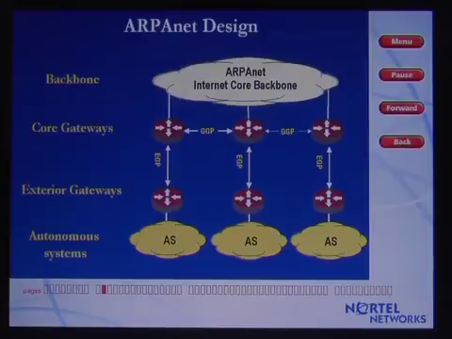The core routers communicated to exterior gateway routers using EGP, or Exterior Gateway Protocol. The exterior gateways would act as the interface to an autonomous system, or AS, which is a group of networks and gateways with its own protocols for collecting and distributing routing information. OSPF, a modern routing protocol, uses the term autonomous system, AS, to describe any collection of networks and routers under a common network administration.